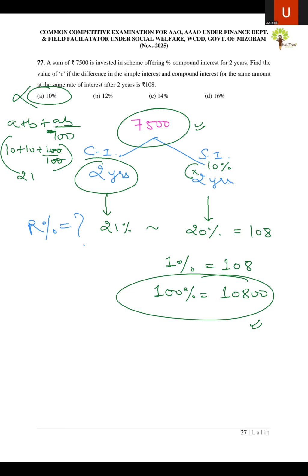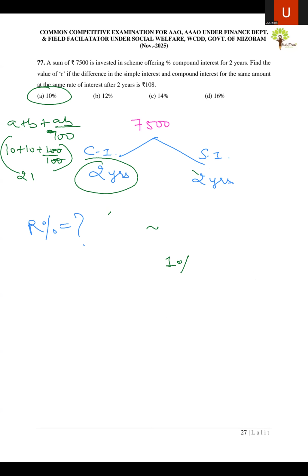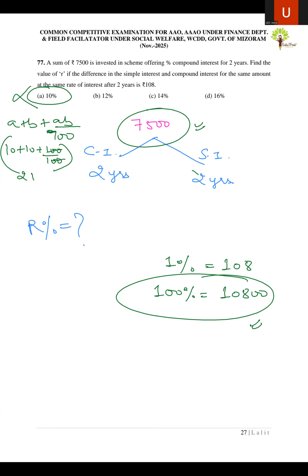Let us use this 12%. Let us say the rate is 12%. All right. Now for compound interest, again use this formula A plus B plus AB by 100.